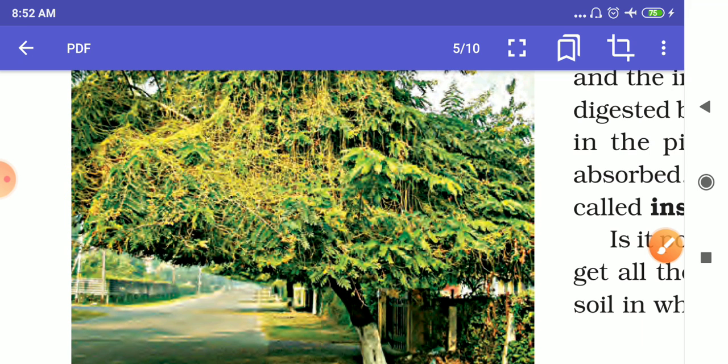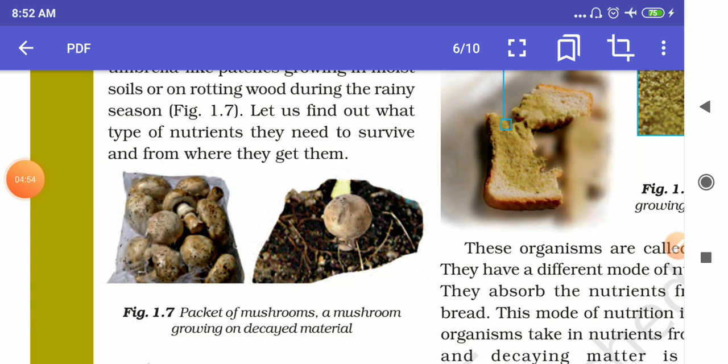The second type of nutrition in heterotrophic nutrition is saprotrophic nutrition. What is saprotrophic nutrition? In this type of nutrition, plants get their food from dead plants and animal remains. Examples are mushrooms and molds.